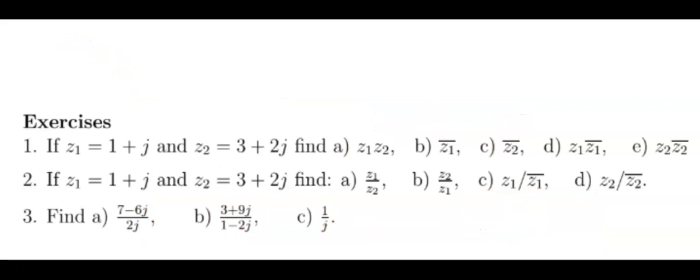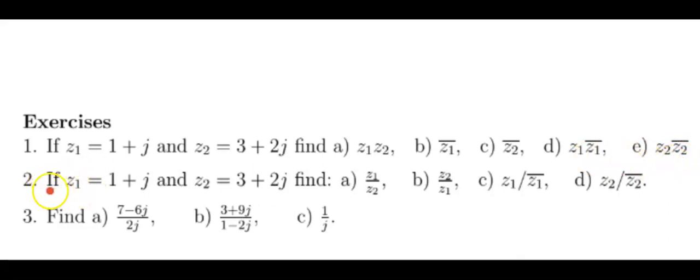Now there is this exercise. Question 1, 2, and 3. Question 1, you can just do part A. You have to find the conjugate of Z1, find the conjugate of Z2, multiply Z1 with the conjugate of Z2, multiply Z2 with the conjugate of Z2.